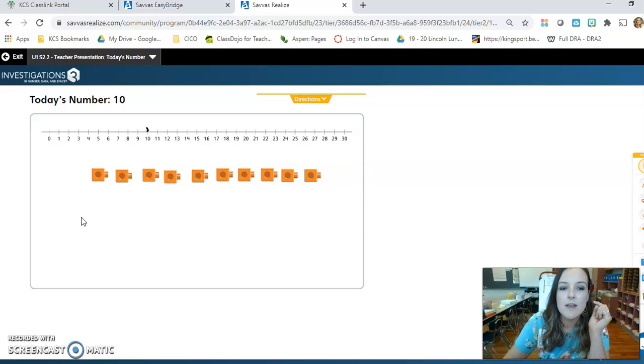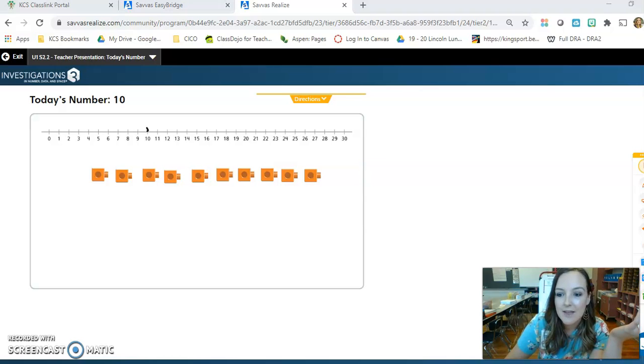So if I start with the number 5, how many more would I need to add to get to 10? So if I'm at the number 5, let's see how many more I need to make 10. So 1, 2, 3, 4, 5. Oh, so 5 plus 5 gives me 10.